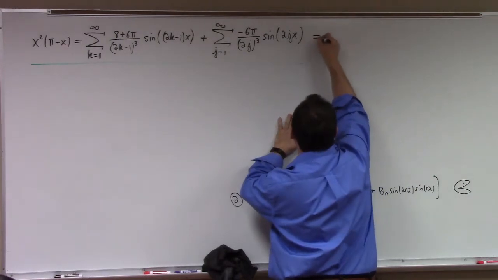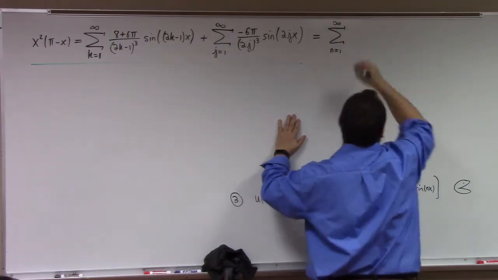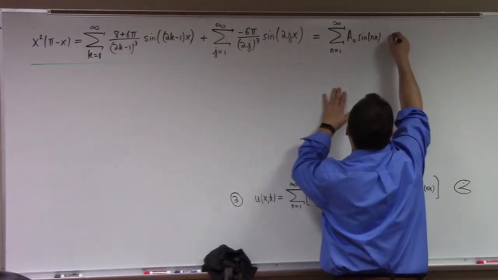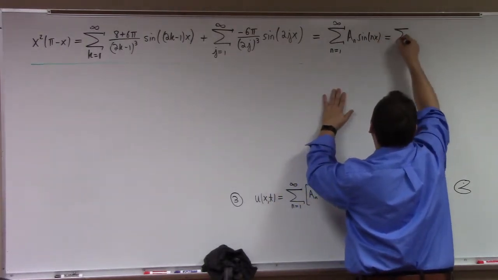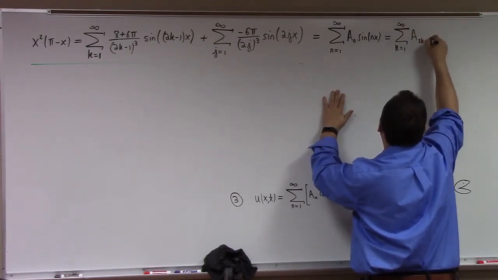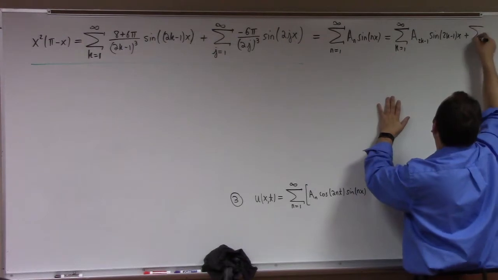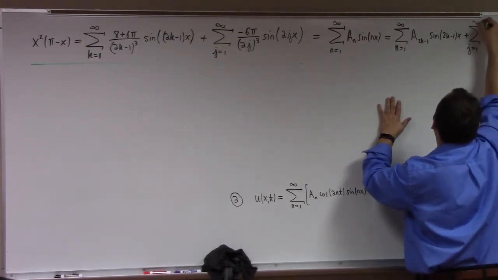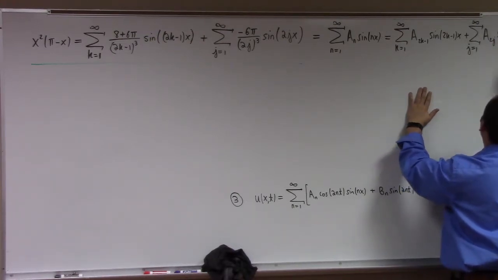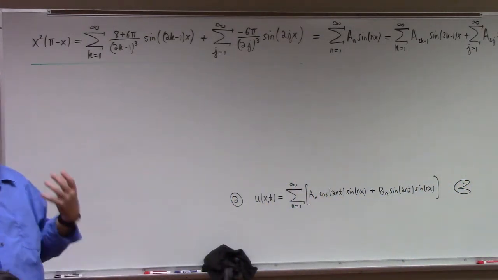Because this is equal to the sum n equals 1 to infinity of a sub n sine nx, which I could rewrite as the sum k equals 1 to infinity of a sub 2k minus 1 sine of (2k minus 1)x plus the sum j equals 1 to infinity of a sub 2j sine of 2jx. You don't really need to make this step. I'm just making it more in your face what I'm doing.